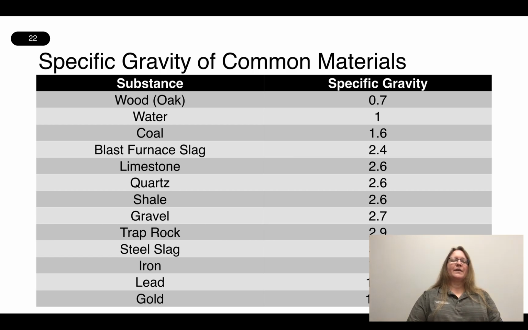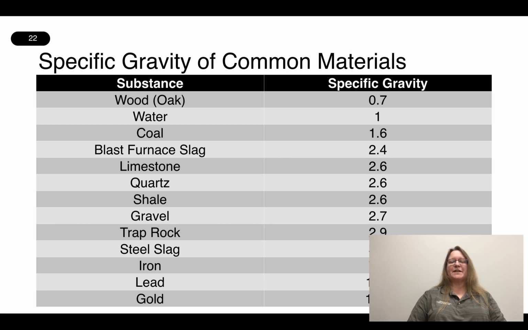So if you've ever stood at the bank of a stream and thrown a stick in and watched the stick float down the river, the reason why that might happen, instead of, say, for instance, a chunk of lead, which would sink to the bottom of the river pretty quickly, is because of the specific gravity of that material. The wood is lighter.